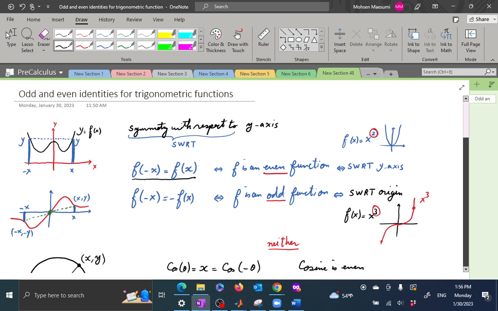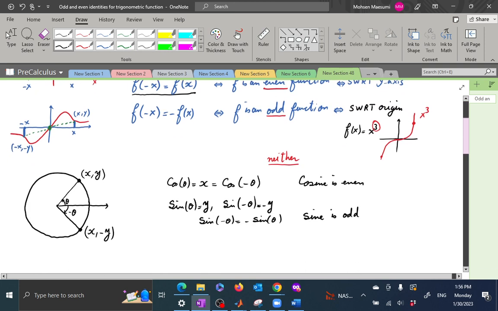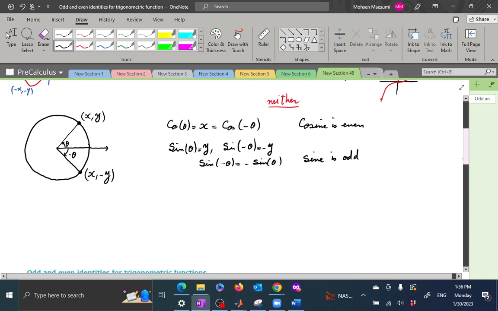You are going to see in calculus 2 that we can write cosine in terms of a bunch of even powers of x. Same place you are going to see sine can be written in terms of a bunch of odd exponents of x. So if you wait about a year, you are going to see that. But right now, all that we are going to say is that sine is odd.